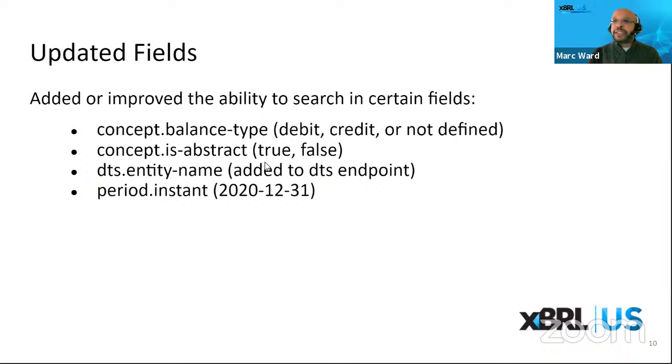So we've got balance type, is abstract, entity name, and the DTS entity name, which allows you to search for the DTS or taxonomy of each of the entities. That makes it a lot easier to pull that particular information.